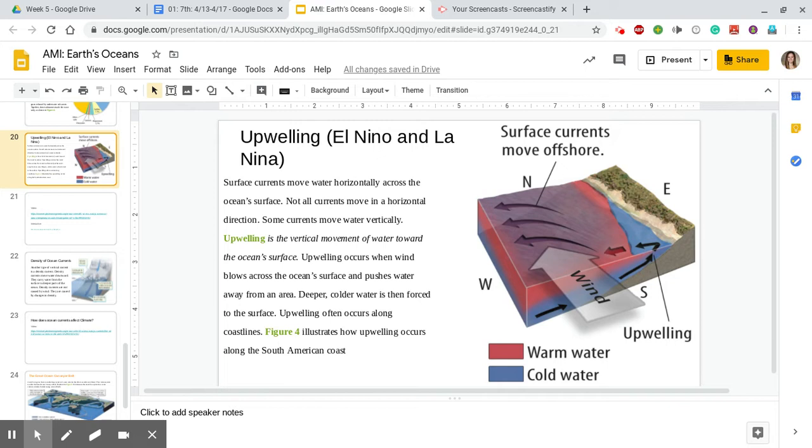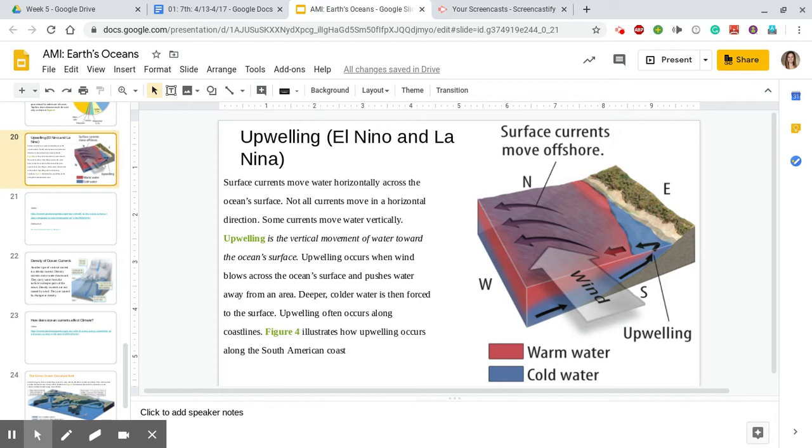Upwelling is really good for our habitats or our ecosystems off shorelines, okay? And this doesn't occur all the time. It's something that occurs during an El Nino or La Nina, and it's something that occurs seasonally, okay? And so it's really good because it gives nutrients to the ecosystem that it wouldn't have otherwise gotten.